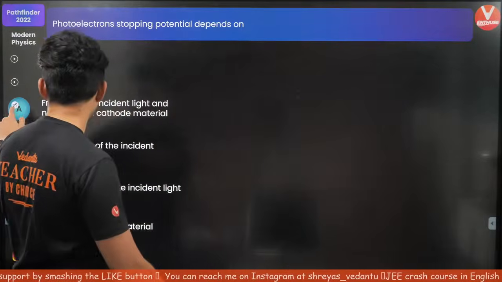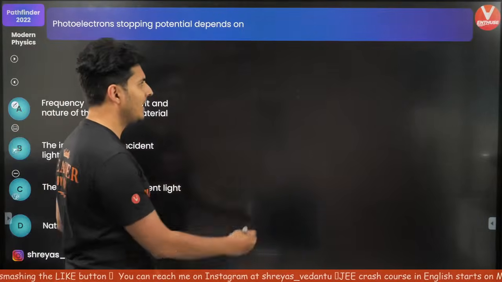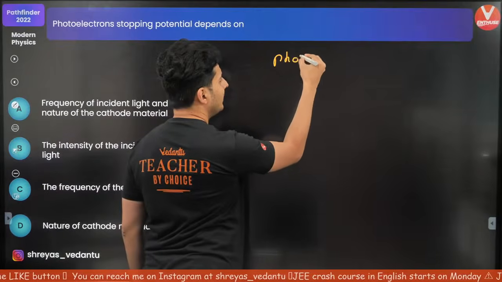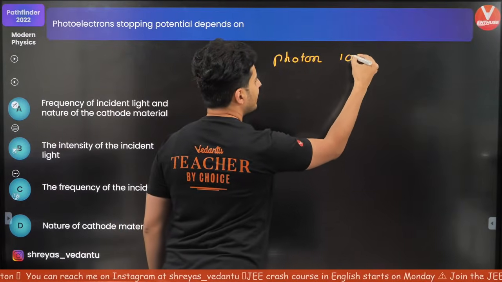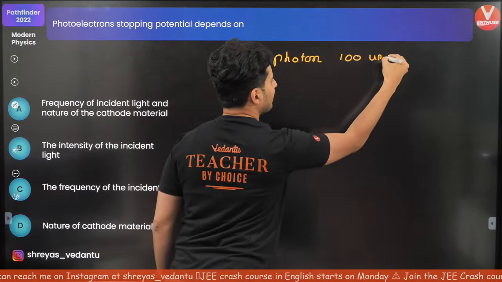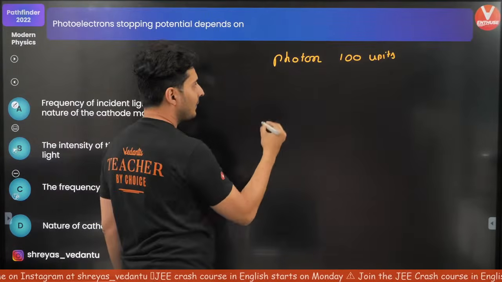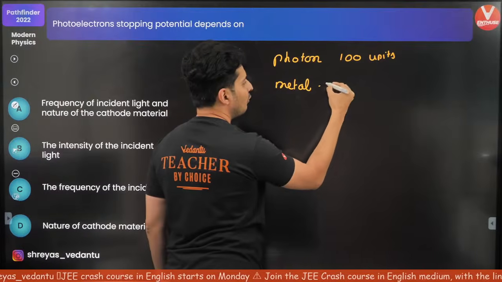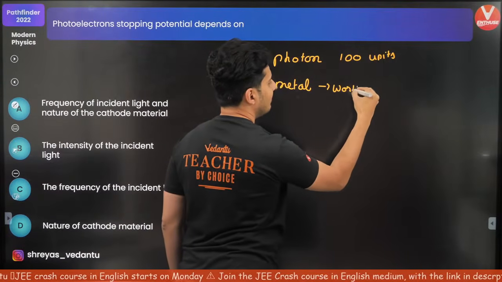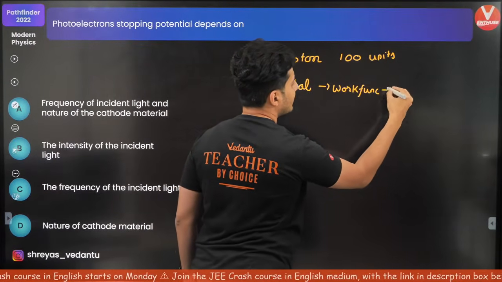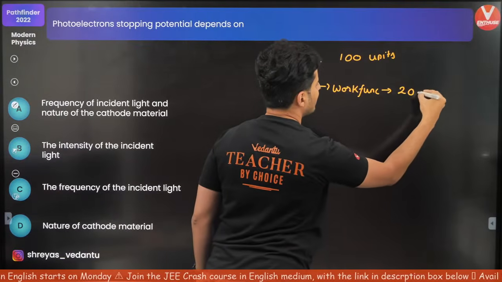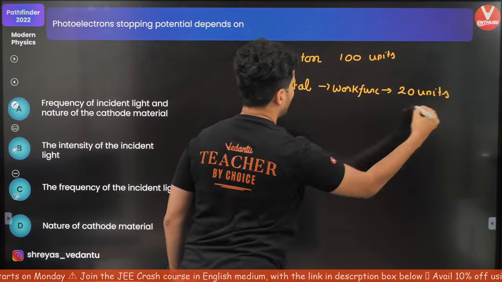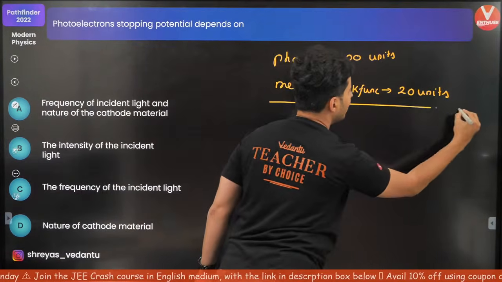Okay. If you have forgotten the logic, I'll explain again. Let's say there is a photon whose energy is 100 units. Let's say there is a metallic surface and the work function for it is, let's say, 20 units. So how much will be remaining?